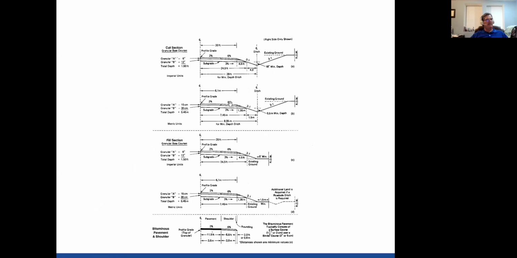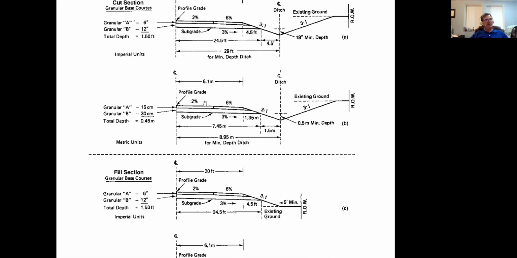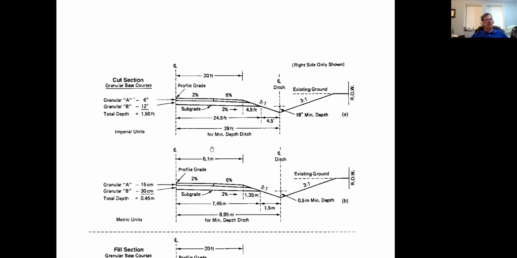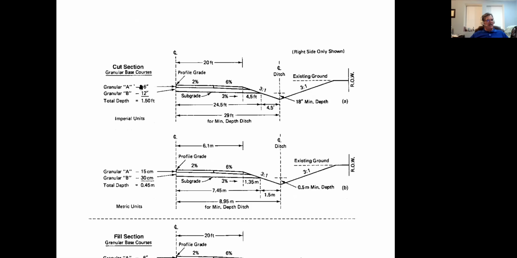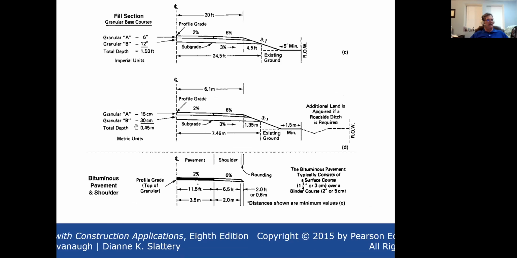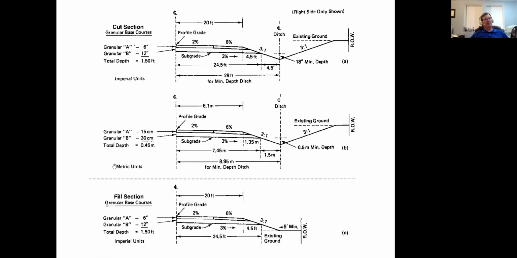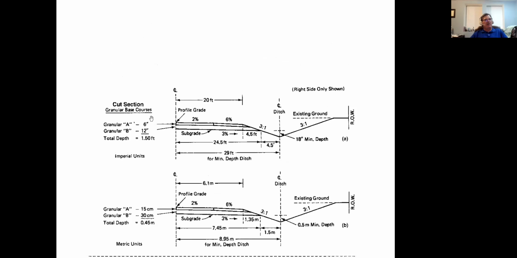These are just a variety of cross sections to help you build something. You'll see it's a cut section, it's a fill section. There's pavement for it. So it's just another way of showing you how something's done. These are called half sections.